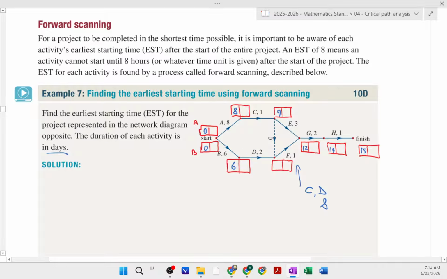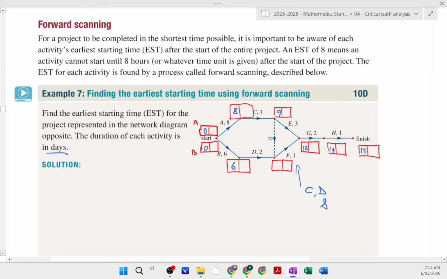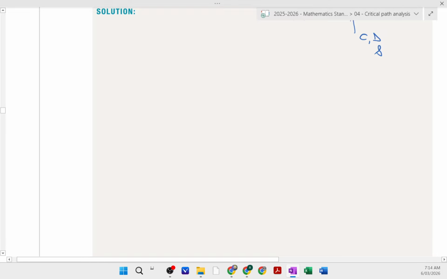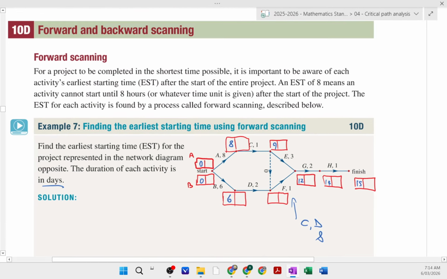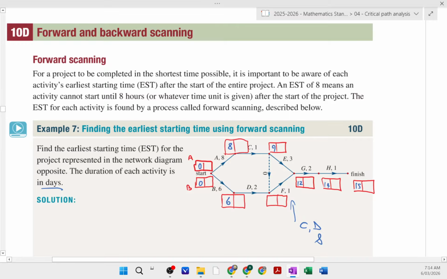However, if I look at C, up here, C couldn't start until day 8 had finished, or that was its earliest starting time. And, sorry, my box is gone. It couldn't start until day 8, and then it takes 1 day. So if you're looking at C, it couldn't start until 9.